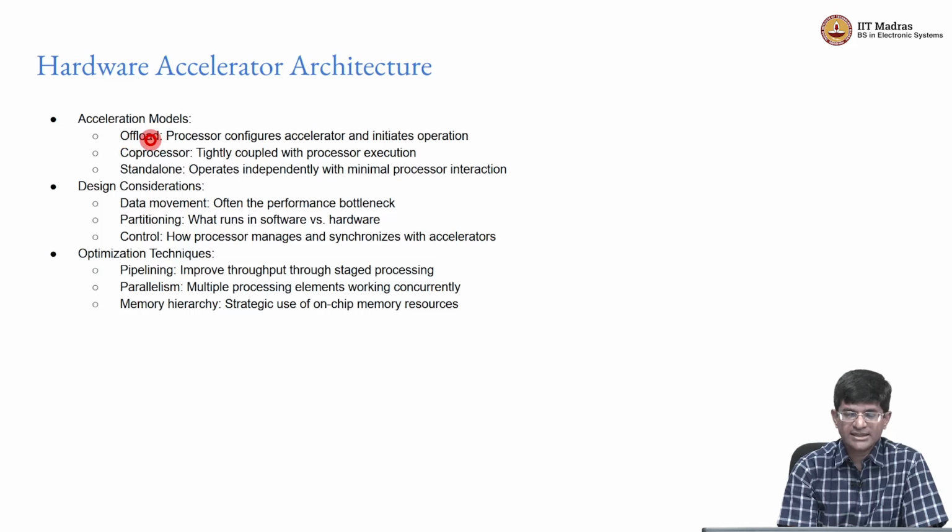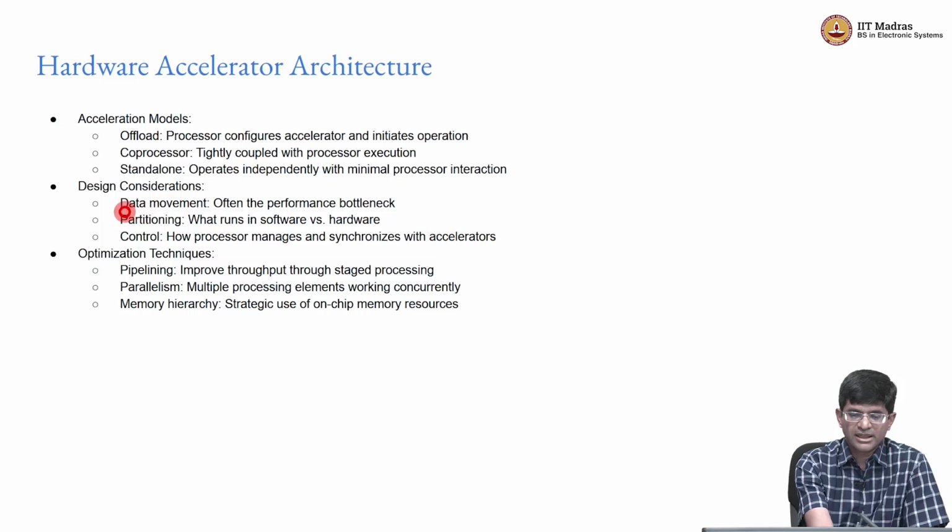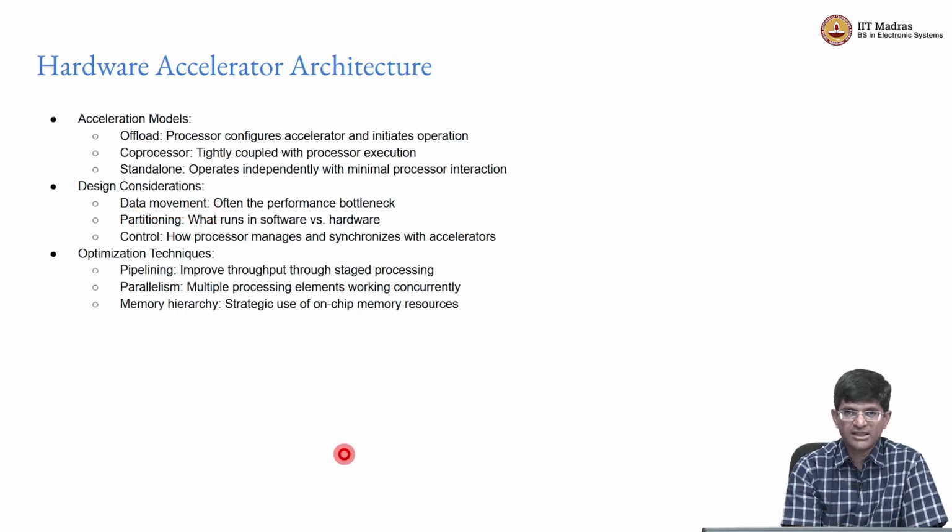Now when you are designing these kinds of accelerators, there are a number of different things you need to keep in mind. Clearly there is a lot of data that needs to move either from memory or from the CPU into the accelerator. This can and very often does become the bottleneck. You need to decide on partitioning: what is going to run in your CPU versus what's going to run in the accelerator, which is basically hardware. So now it's a hardware software partitioning problem.